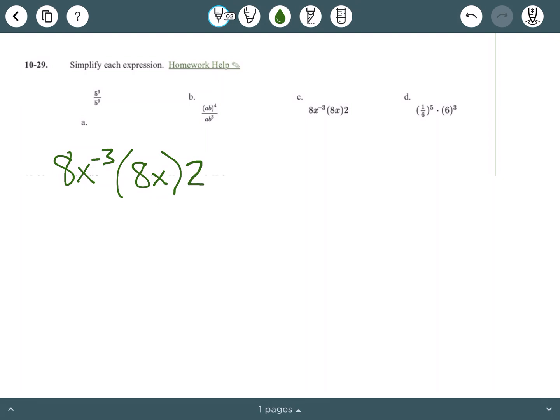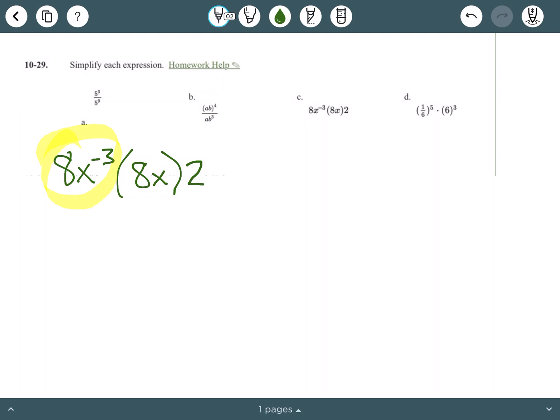All right, so what this is going to look like, we want to focus on this 8x to the negative 3rd first. Now, if you recall, we don't like negative exponents. So what we're going to do is we're going to take the reciprocal and make that exponent positive.